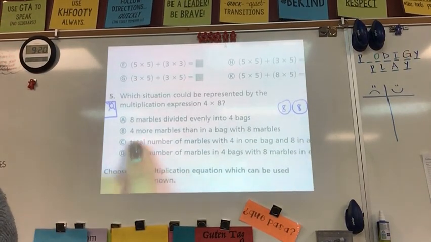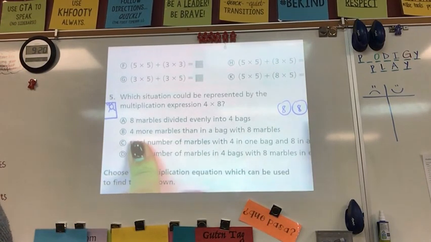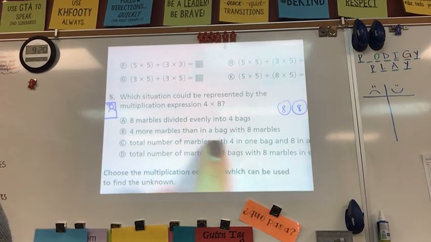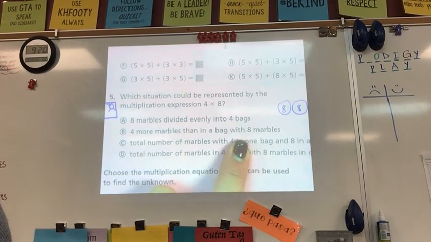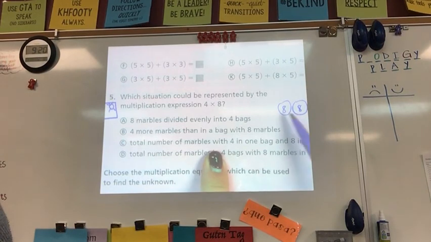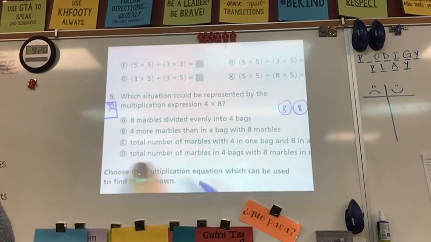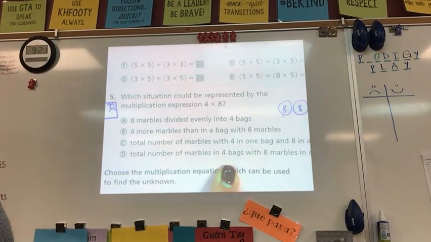Does this show 8 marbles divided evenly into 4 bags? Does it show 4 more marbles in a bag with 8 marbles? No. Does it show the total number of marbles with 4 in one bag and 8 in another? Does it show the total number of marbles in 4 bags with 8 marbles in each bag?